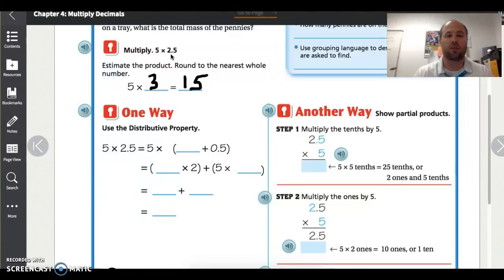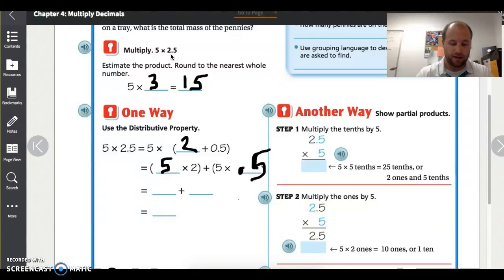Okay, so we're going to break up 2.5. If you break up 2.5, you're going to break it up into 2 wholes plus 5 tenths, or a half. Then we multiply each of those numbers by the other number being multiplied, which is 5. So we're going 5 times 2 and 5 times 5 tenths, or a half.